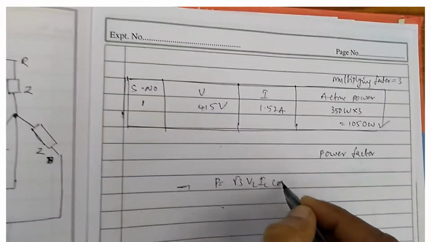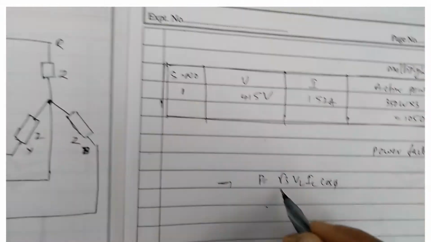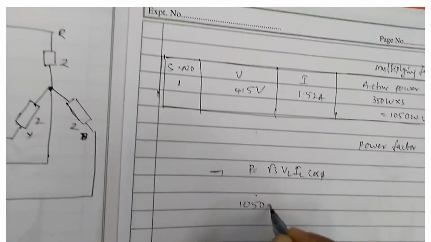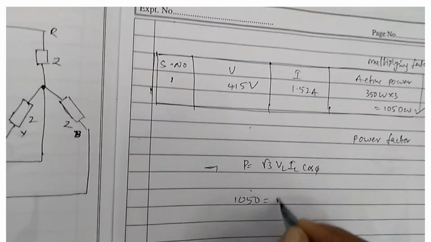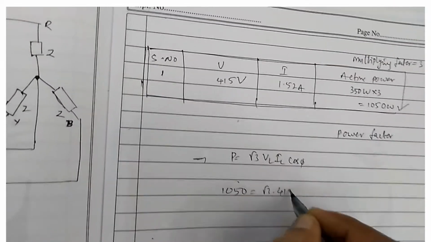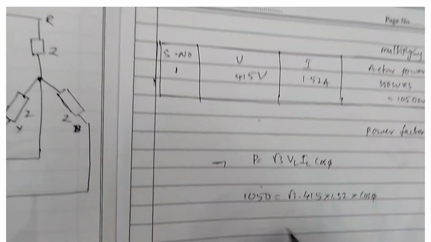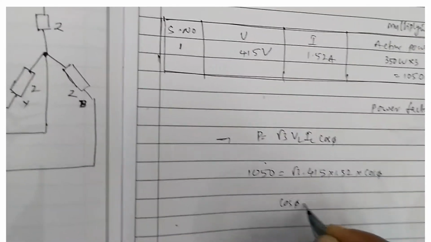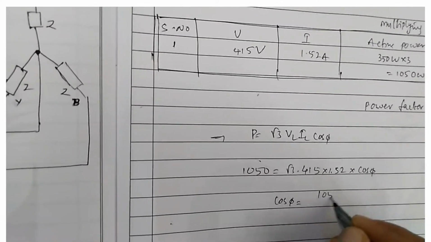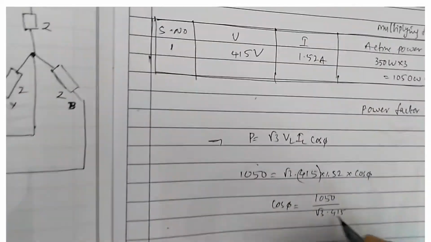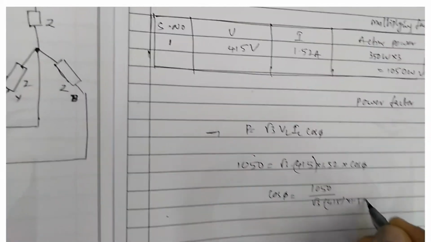P is equal to root 3 VL IL cos phi. So power is here 1050, VL is 415 volts, and IL is as per our reading, 1.52, and cos phi we have to find. So cos phi is equal to 1050 divided by root 3 into 415 into 1.52.